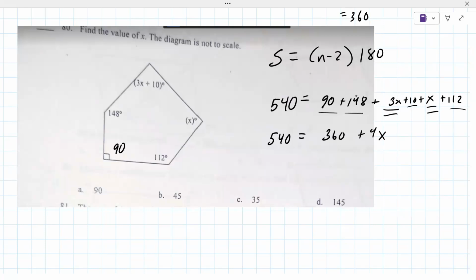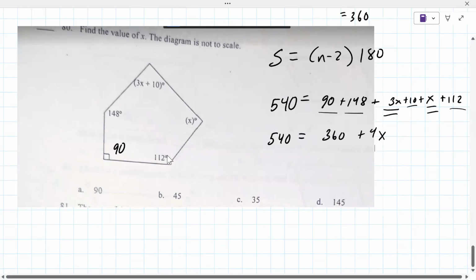Actually, it doesn't seem like the number's there. 260. Oh, I guess it is there.